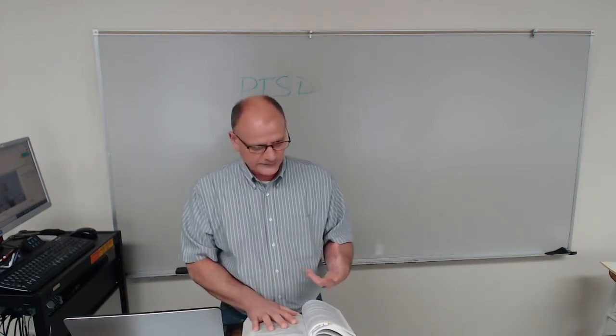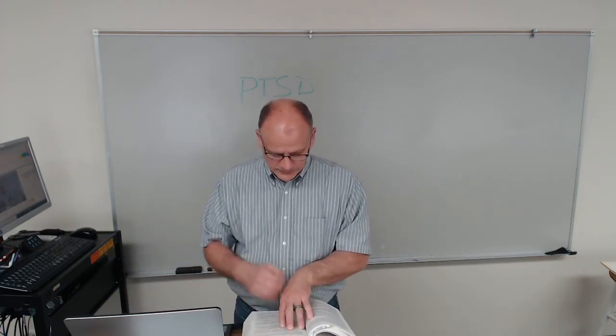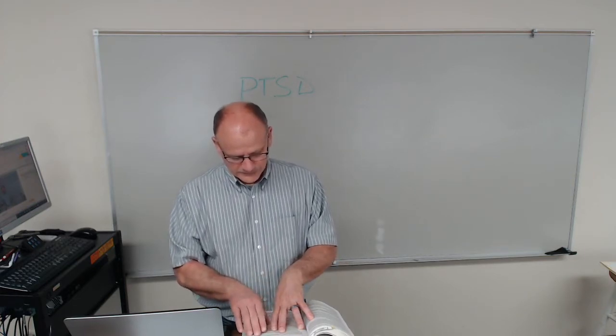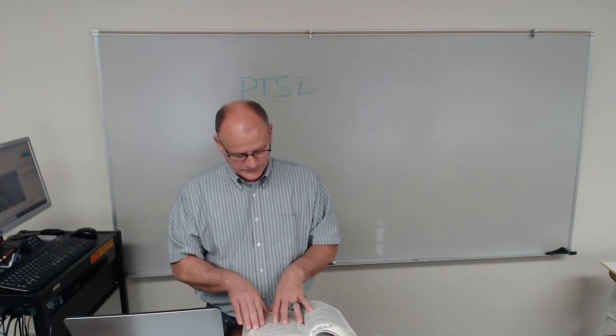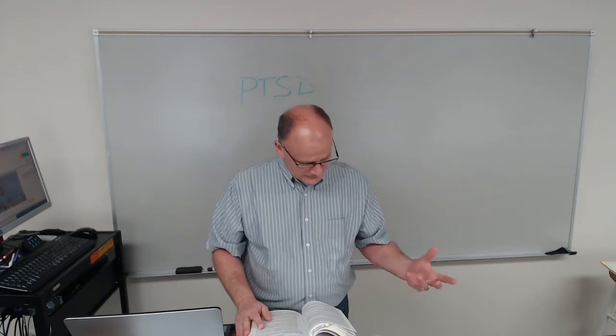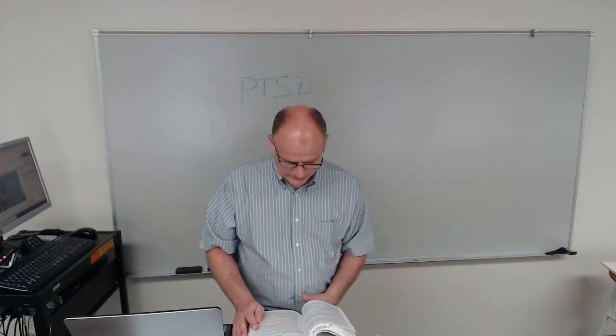In order for this to actually apply at this level, it says the following criteria applies to adults, adolescents, and children older than 6 years of age. All right, so she was in her early teens, so this matches up, and we find that PTSD is there. So we can look at the fact of PTSD.